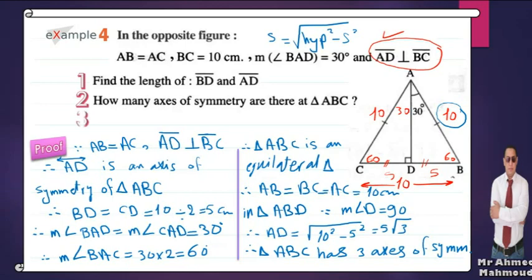Okay, the next required: find the area of triangle ABC. Now, the area equals half the base times the height.